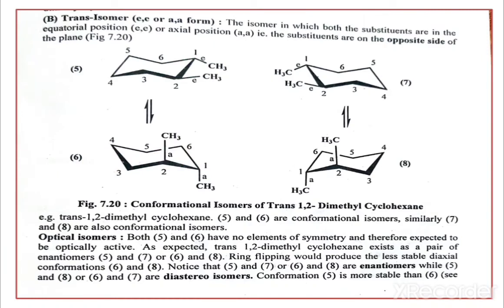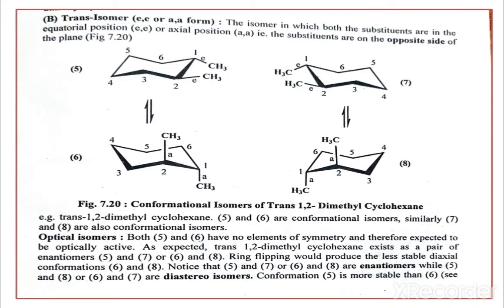We know that if a substituent is present at the axial position, it is less stable, and when it is present at the equatorial position, it is more stable. Now trans 1,2-dimethyl cyclohexane exists as a pair of resolvable enantiomers containing a higher proportion of 5 and 7 rather than 6 and 8.